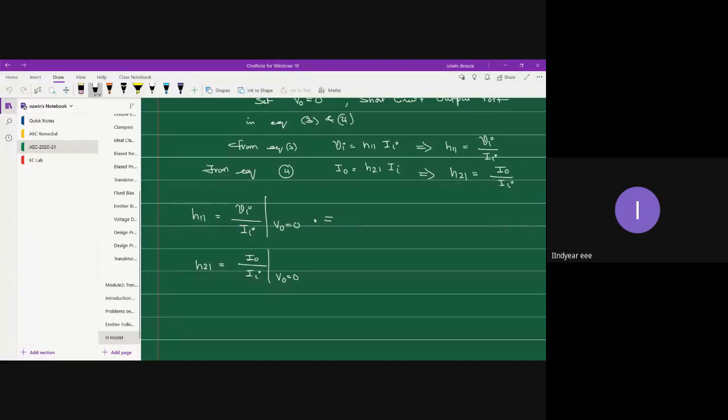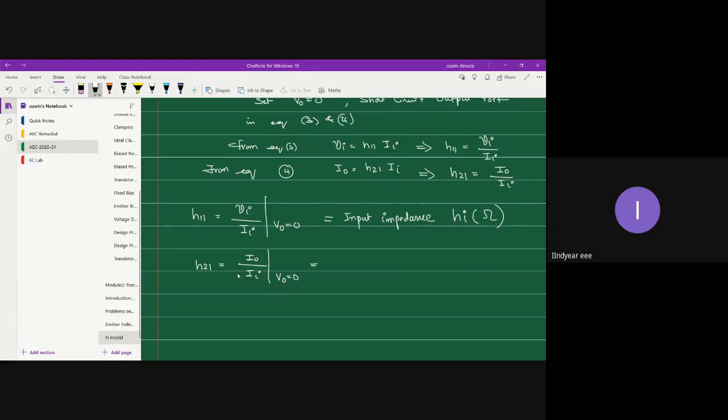So Vi by Ii gives input impedance. We call it Hi, where i stands for input. The first parameter is H11, and the unit of H11 is ohm because it is a voltage by current ratio. Hence, we take this input impedance as Hi.